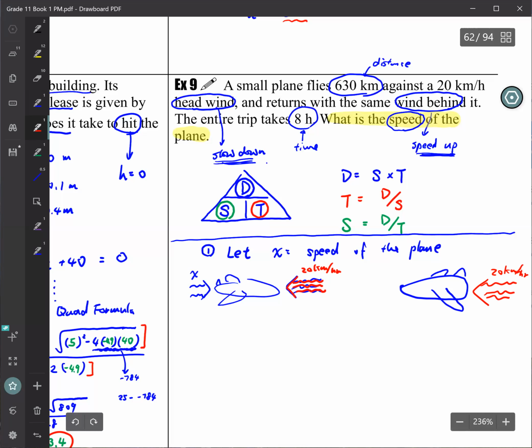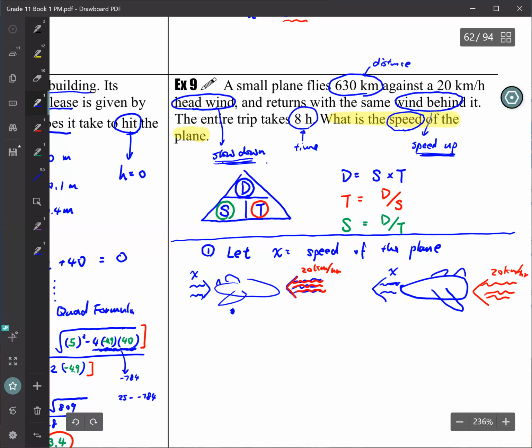So this is still the wind. And then the airplane, of course, will change direction. It will be going this way, still at x. So one is going, one is returning. And then we have the distance, right? The distance of flying is 630.